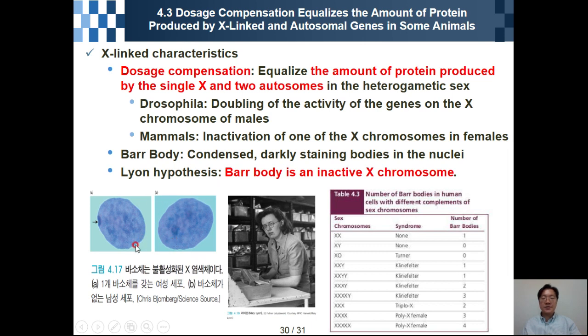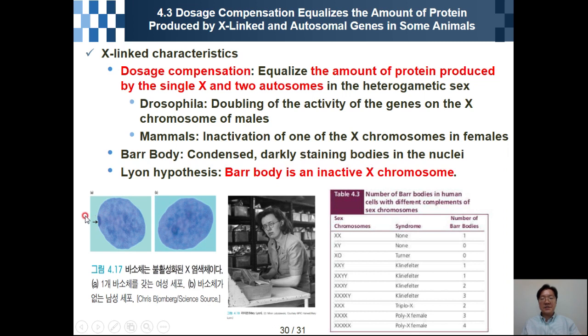This is a nucleus from the female, and this is a nucleus from the male. At the edge of the nucleus, near the nuclear membrane, there is a condensed, darkly staining body like this one.